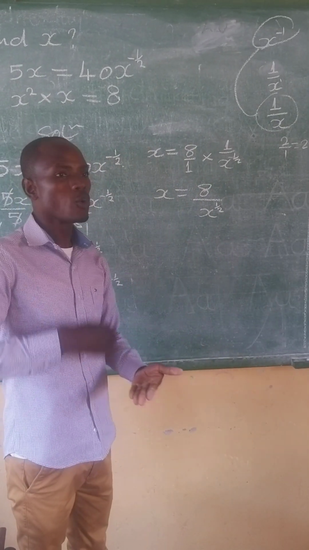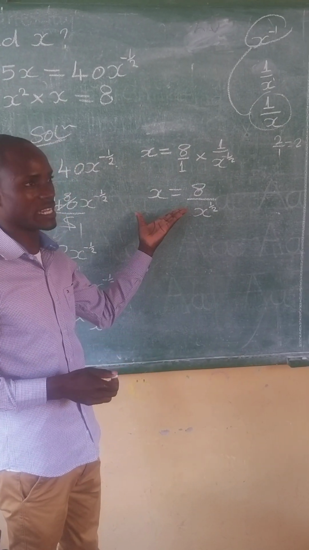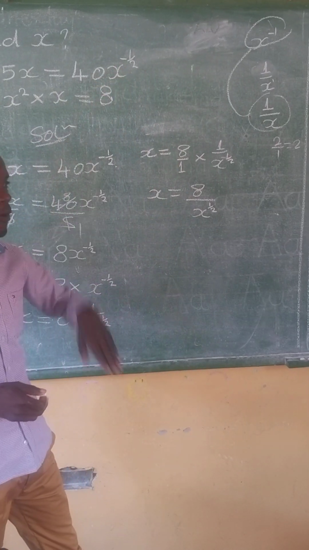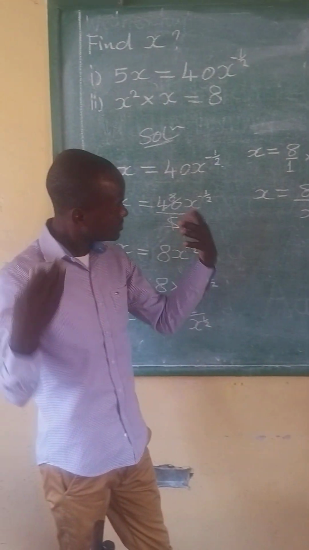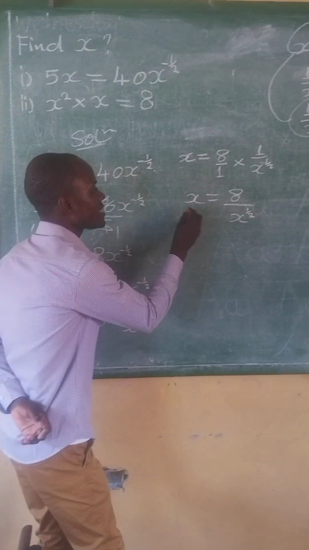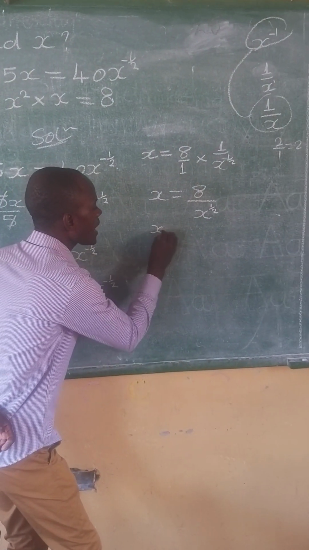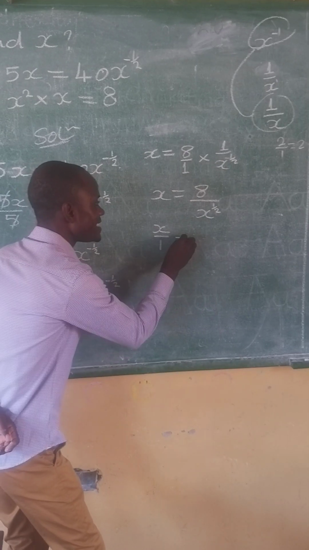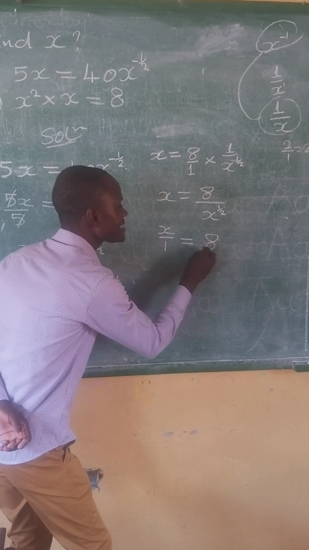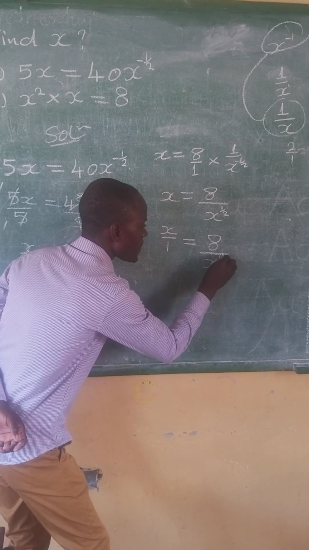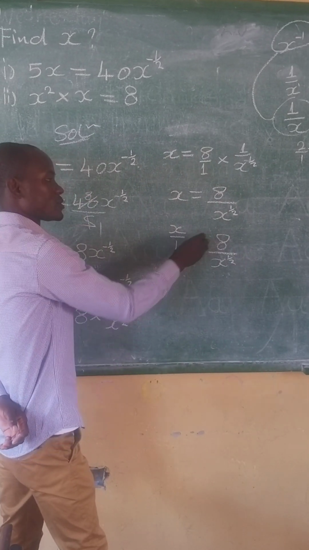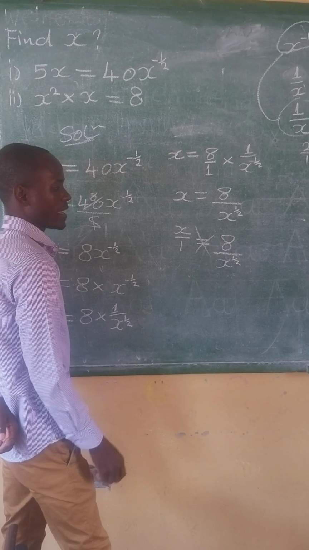The same rule applies even to letters. If you say x over 1, it is x. Y over 1 will still remain y. So in this case, we say x over 1 is equal to 8 over x to the power 1 over 2. So now we can cross multiply.